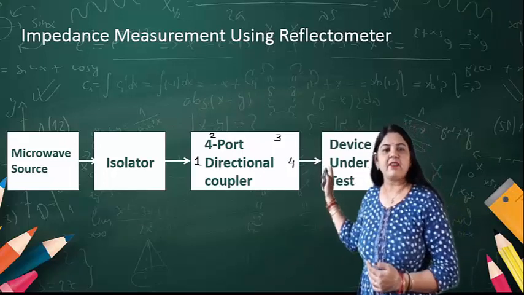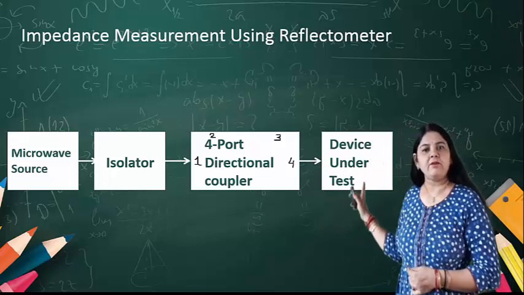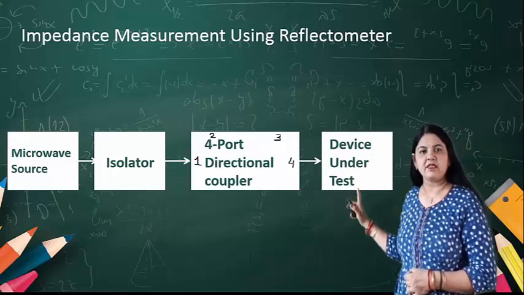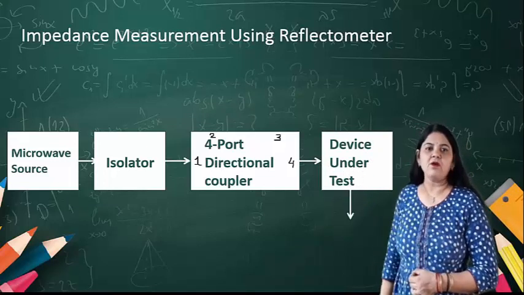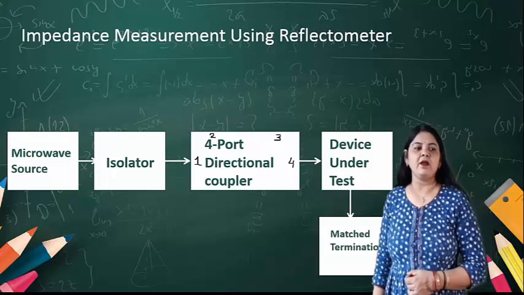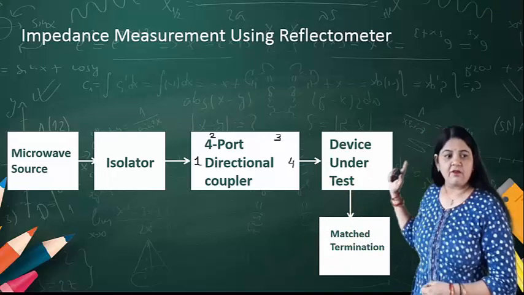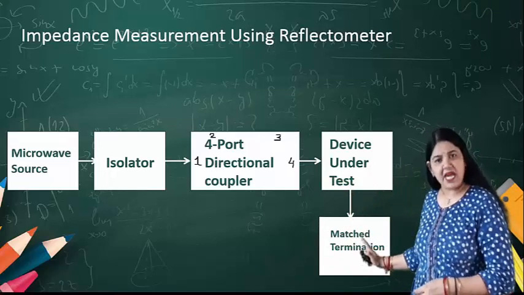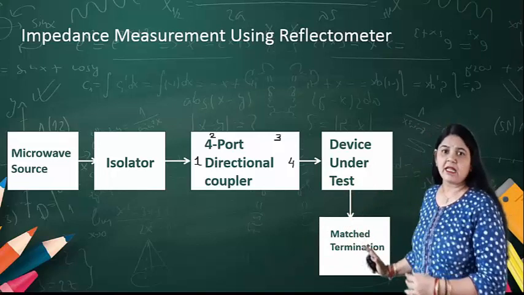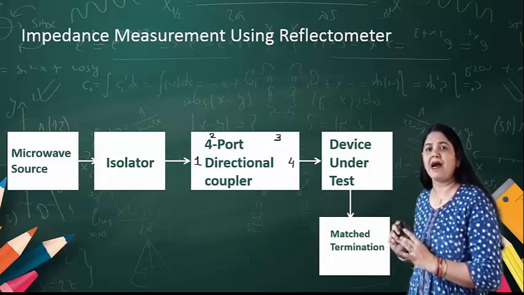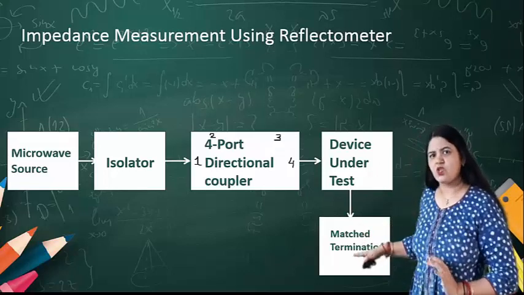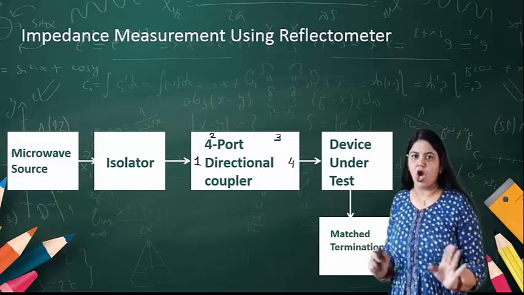At port number 4 we will connect the device under test, and we need to connect the match termination so that the signal will not pass through the other block. So here we have terminated the block.